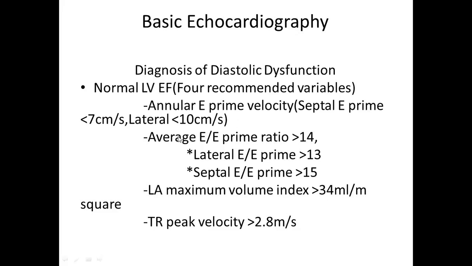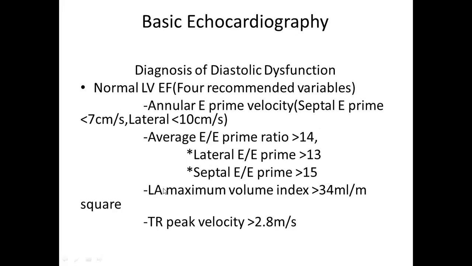If you're using the average E/E prime, then greater than 14. If you're using the lateral, then the E/E prime greater than 13 is significant. If you're using the medial or the septal, then the E/E prime greater than 15 is significant.